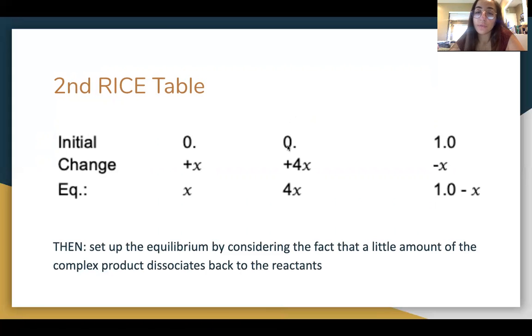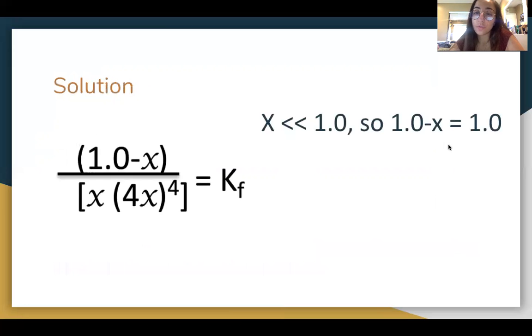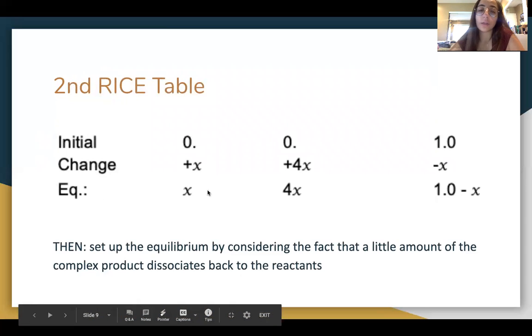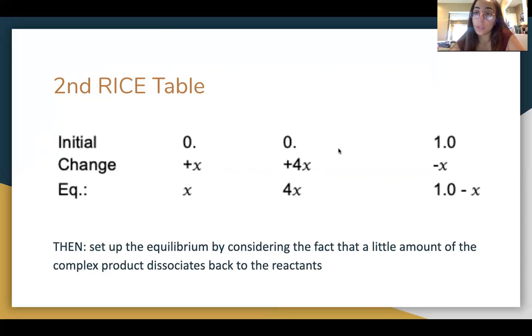So we have 0, 0, 1, that's the initial from the final of the last ICE table. It's going in reverse, so you subtract x from the complex and add x here, and 4x. And remember, these coefficients are from the mole-to-mole ratio. And then our final should be x, 4x, 1 minus x.